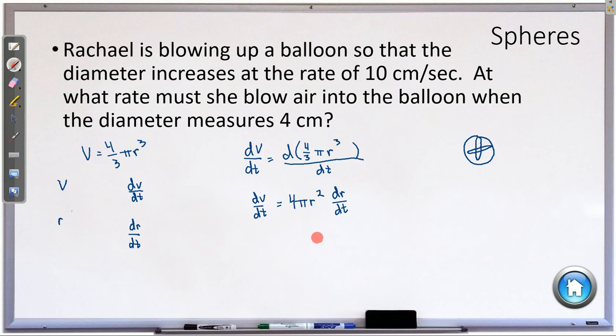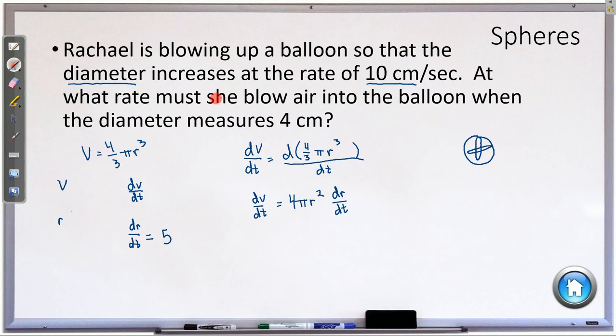All right, but we can substitute some things in. What do we know? All right, the diameter increases at a rate of 10 centimeters per second. All right, couple of things there. If the diameter is increasing at 10 centimeters a second, that means the radius is increasing at 5 centimeters a second. The radius is half of the diameter.